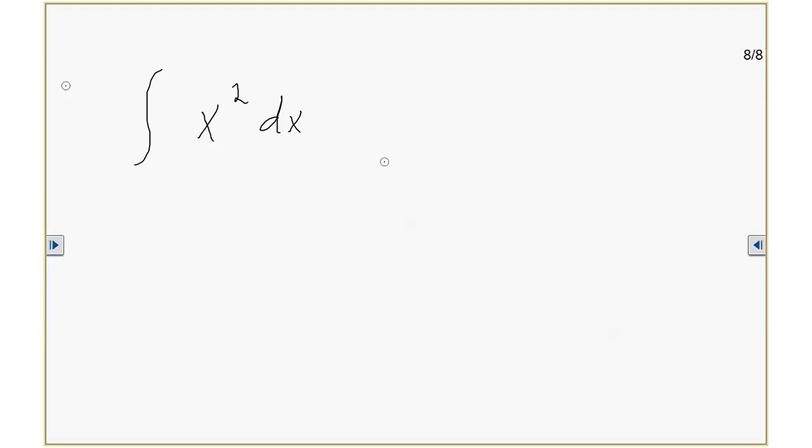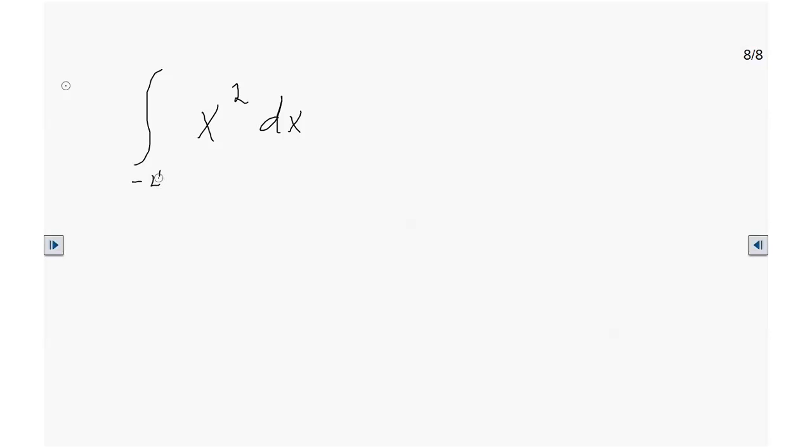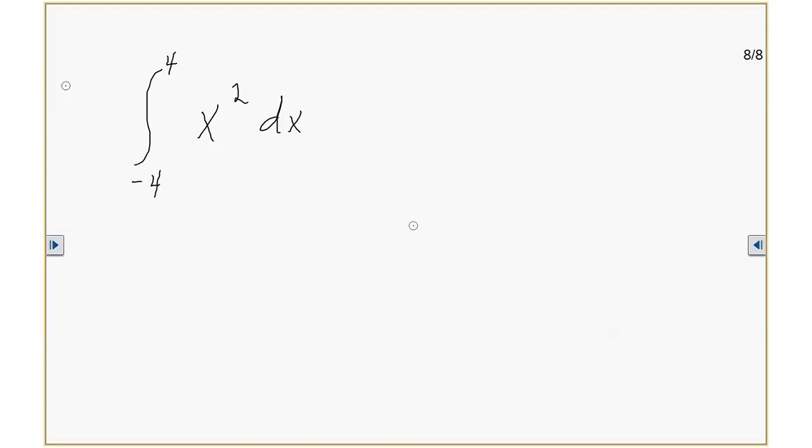And this time, I want you to do it from -4 to 4. Let's throw a 3 in there too. Let's try that one. And I want you to try to do it another way. There's 2 ways to do this. Or you can just look at it and quit.